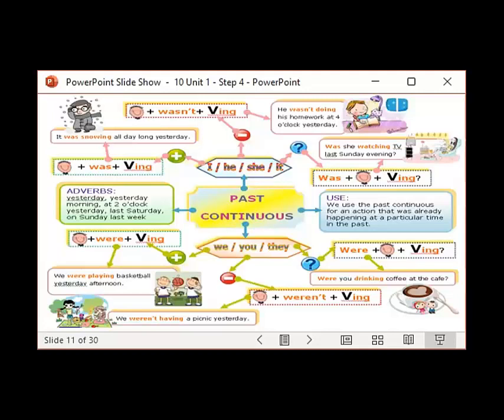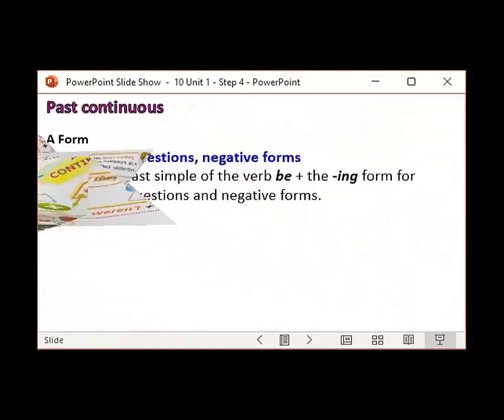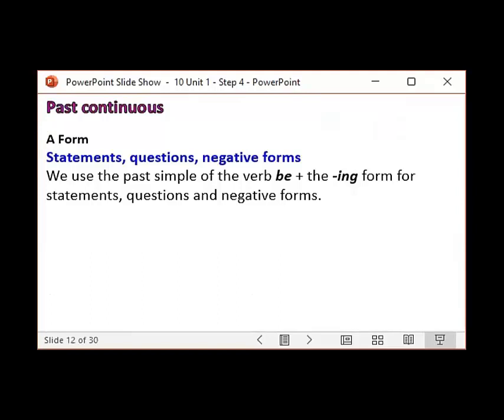If you want to answer, you can say yes or no. We use the past simple of the verb be plus the ing form for statements, questions, and negative forms.